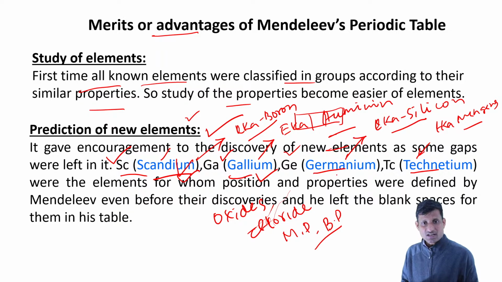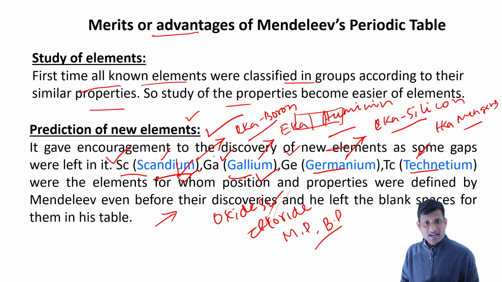These kinds of questions will come, and you have to pick the correct one. You have to remember which one is eka boron, eka aluminium, eka silicon, and eka manganese respectively. Frequently in competitive exams these are the options that come.